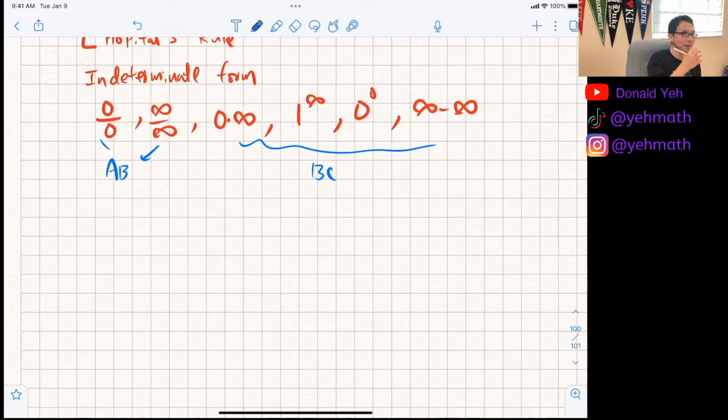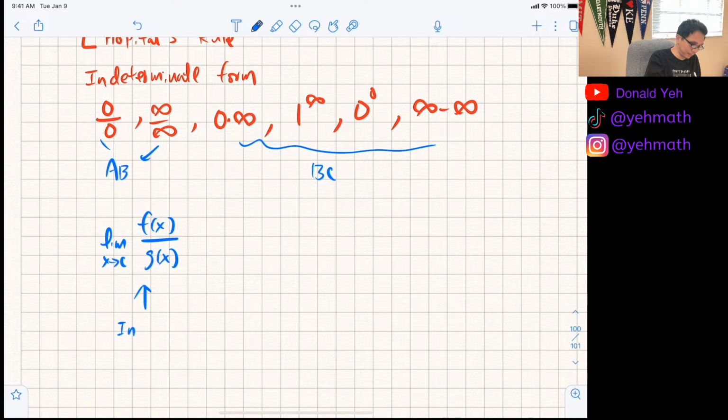That's okay. If f of x and g of x are differentiable, let's say the limit as x approaches c of f of x over g of x reaches indeterminate form.